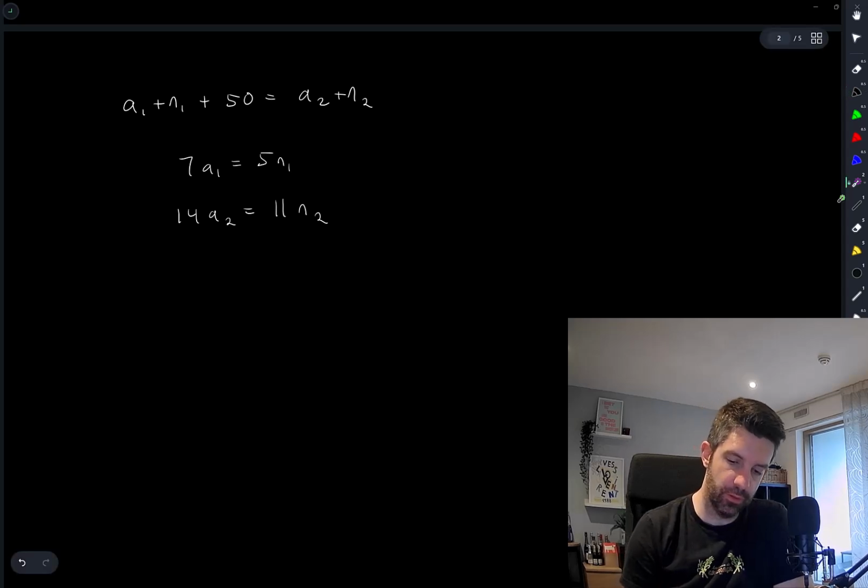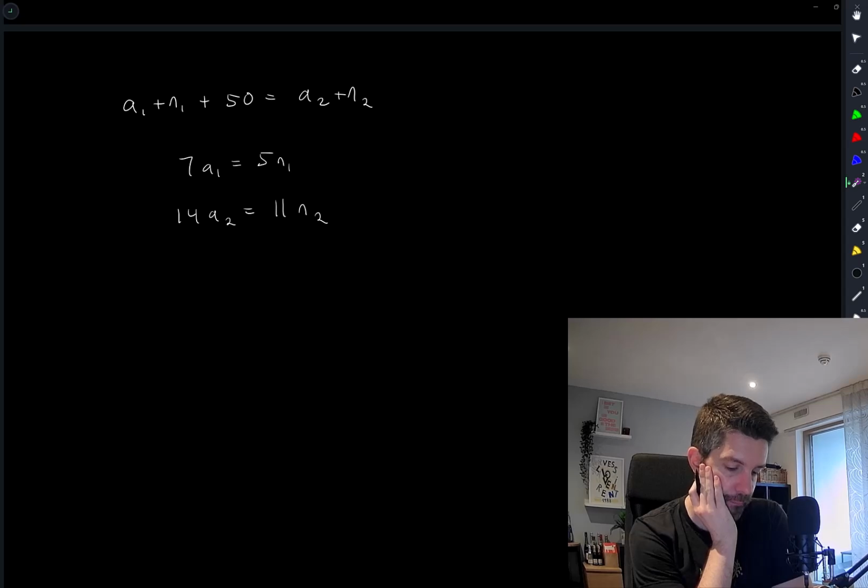We're looking for the smallest possible value of A2 such that these three equations are satisfied.